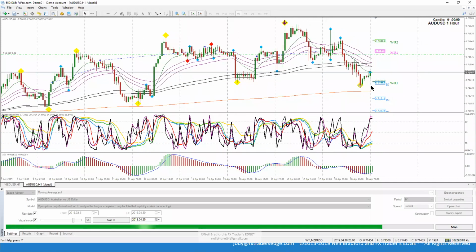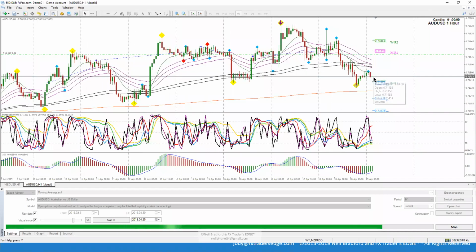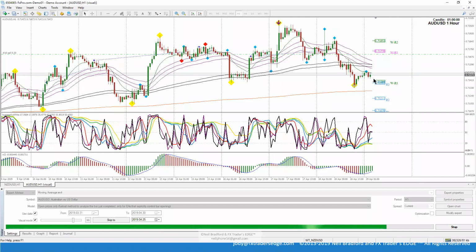Okay, so we got another stretch away up to the wavy tunnel filter, this blue line here, and we expect this to turn, and I think it will do a failed snapback down, a tiny one, and then go up.